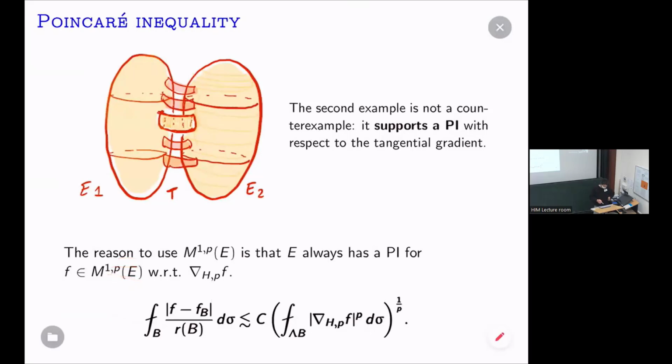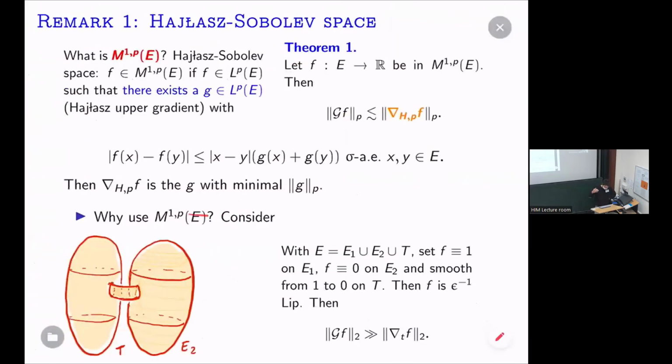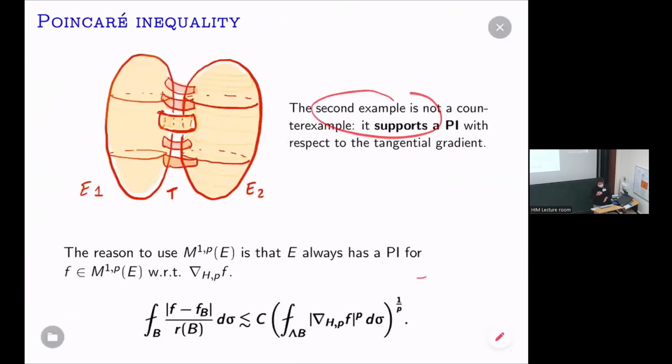And of course, one can see that the existence of a Poincaré inequality on a space makes this inequality plausible, because on the left-hand side here we have something that looks vaguely like our coefficient omega. Okay, so that's roughly the reason. And so this is to give some motivation for why we used this Sobolev space in our statement.